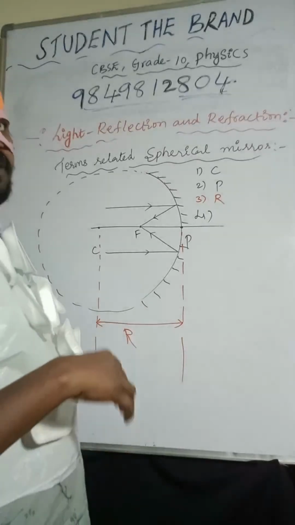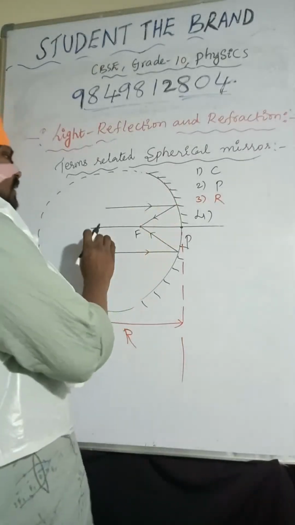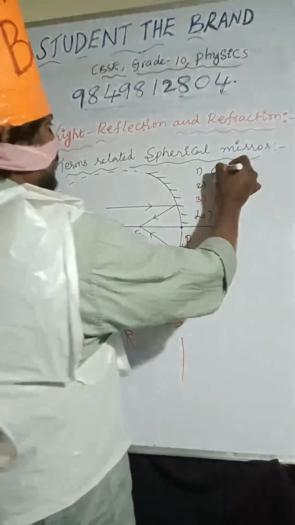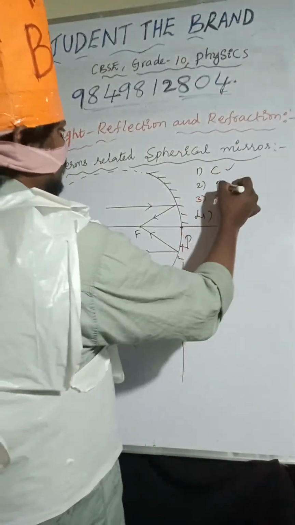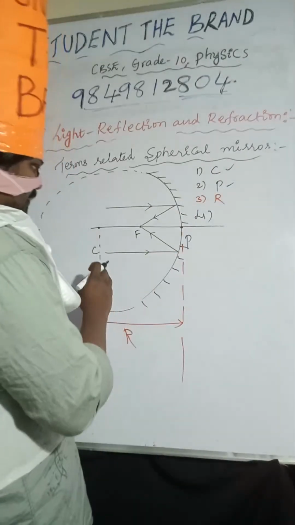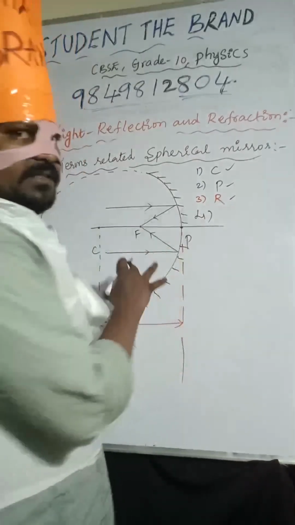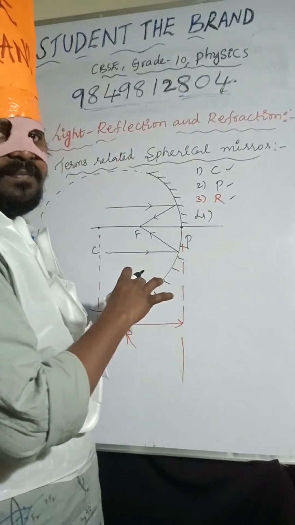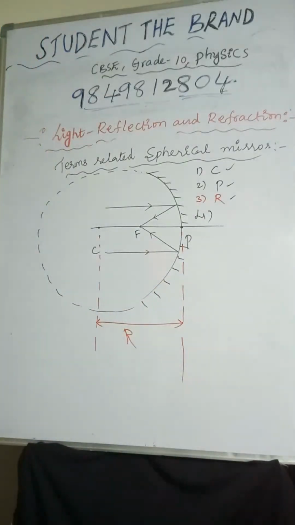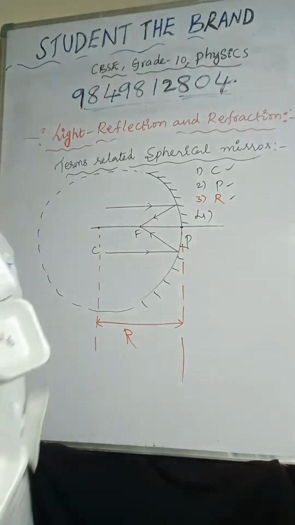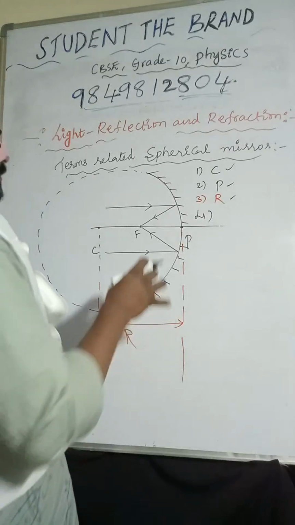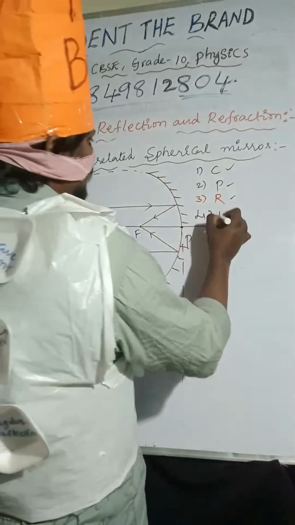Now you can observe here. The center of the imaginary sphere of which the mirror is a part is called the center of curvature. The midpoint of the mirror is called the pole. The distance between the center of curvature and the pole is called the radius of curvature. After reflection, all light rays will meet at one point, which is called the focus.